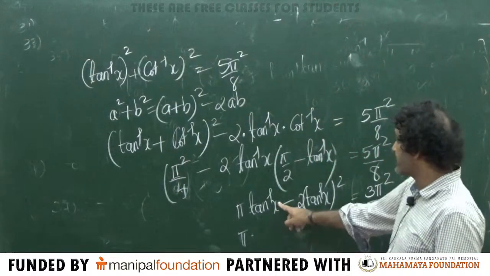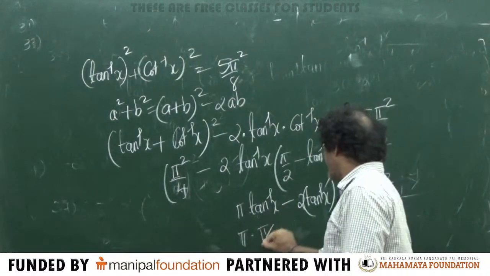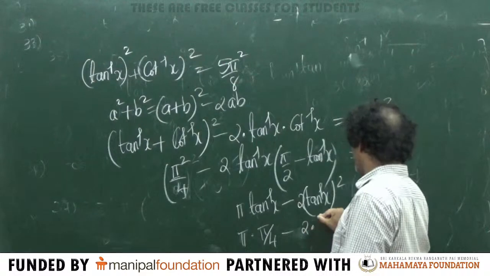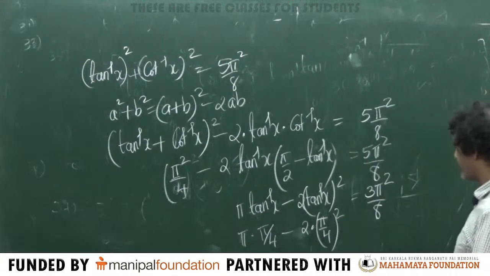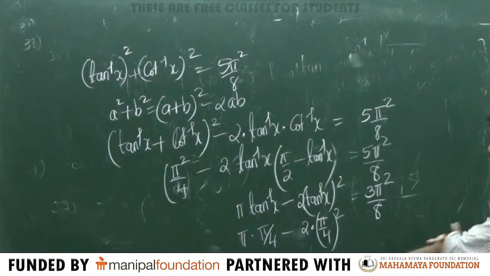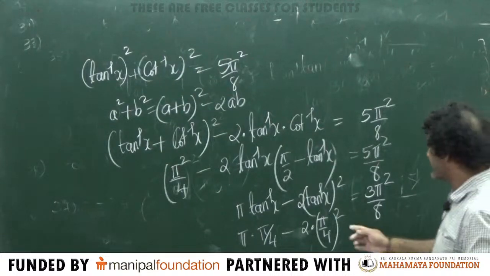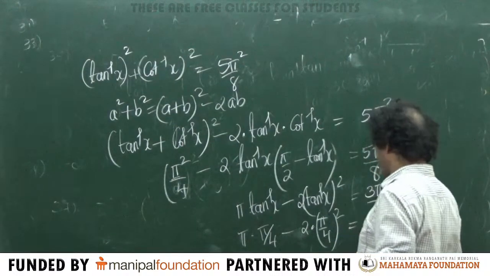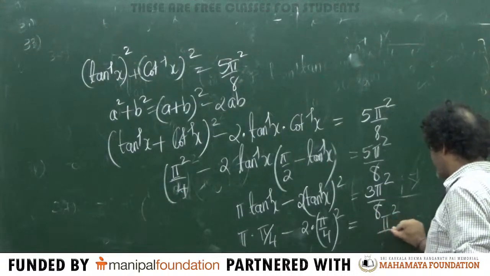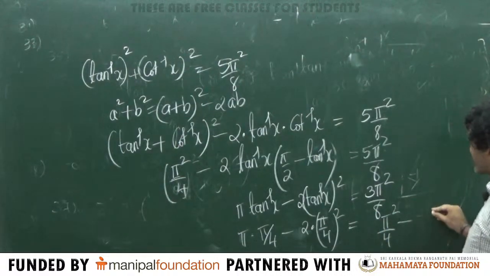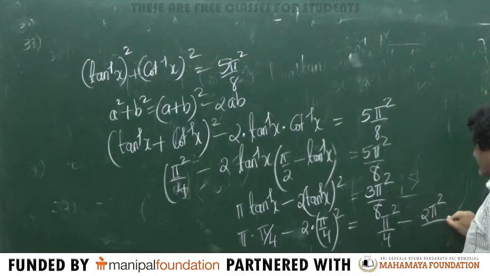We'll check, okay? What did we take x? X as 1. So won't it be pi by 4 minus 2 into pi by 4 the whole square. So do we get the same answer? Yeah, we'll solve it here. Pi square by 4 minus 2 pi square by 4 square is 16.